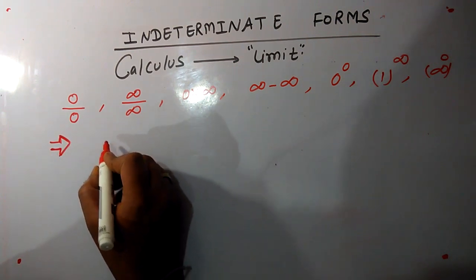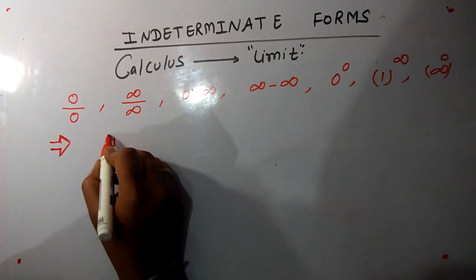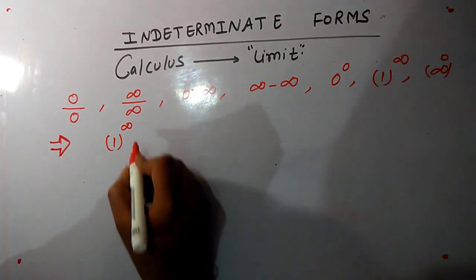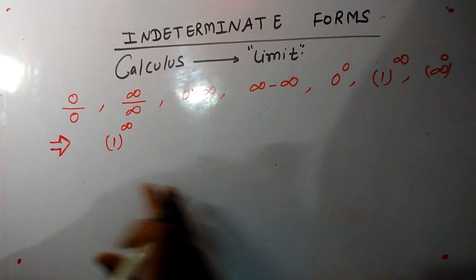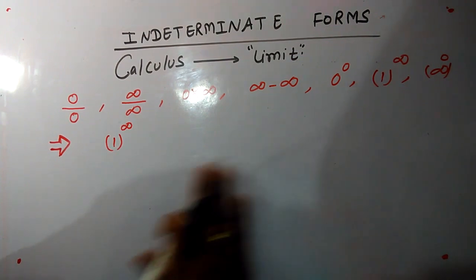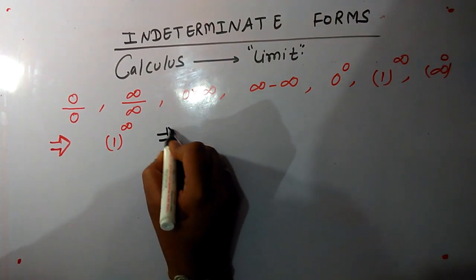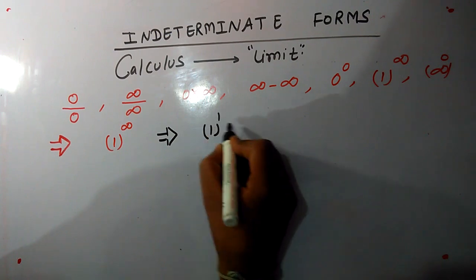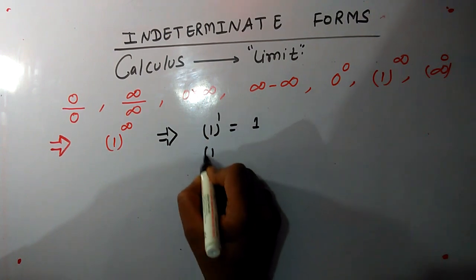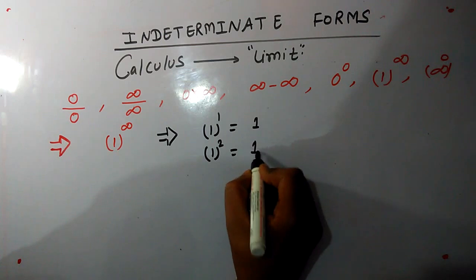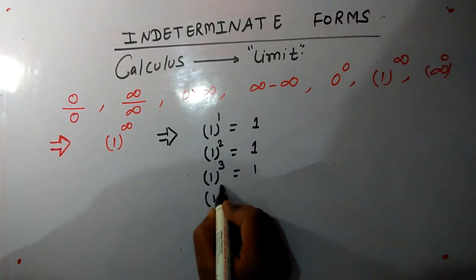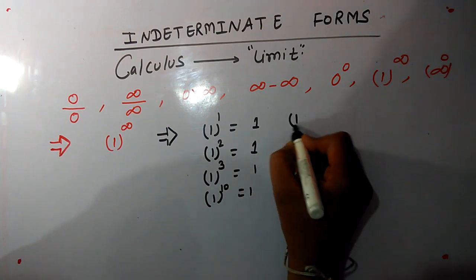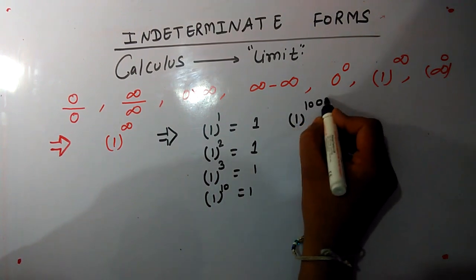For example, 1 raised to power infinity. If I say this is indeterminate form, then I have to explain why it is so. We know 1 raised to power 1 is 1, 1 raised to power 2 is 1, 1 raised to power 3 is 1, 1 raised to power 10 is 1, 1 raised to power 1001 is 1.